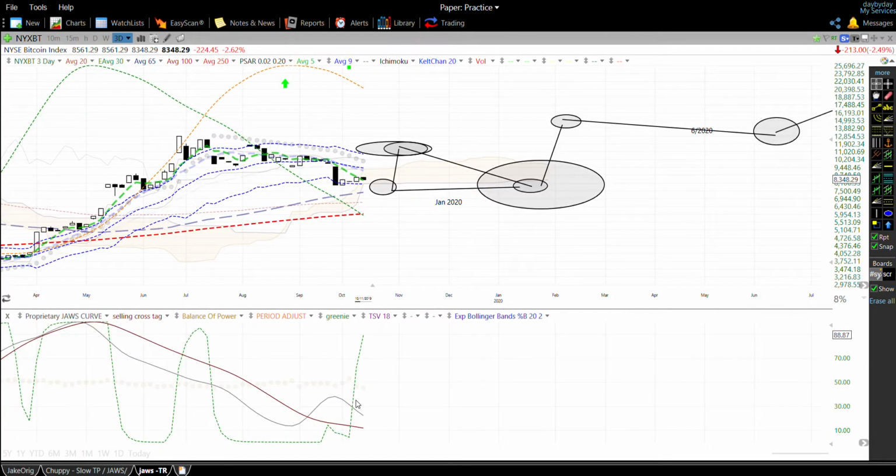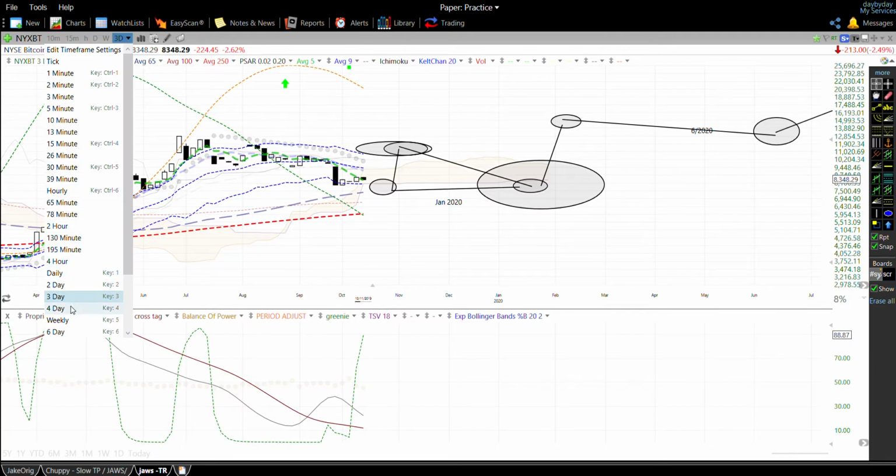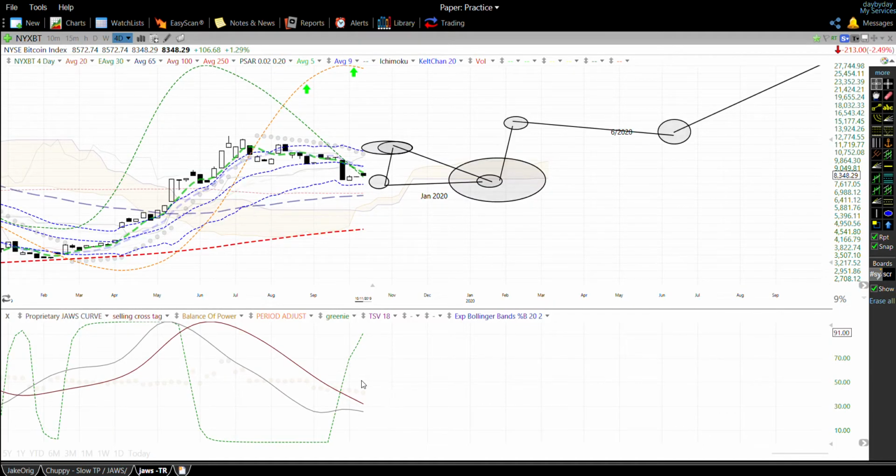If I go to a 3-day, this is my tell right here that there is an edge in the near coming future through this cycle volume. And same thing right here. This is coming up right here, but it's now beginning to wilt.